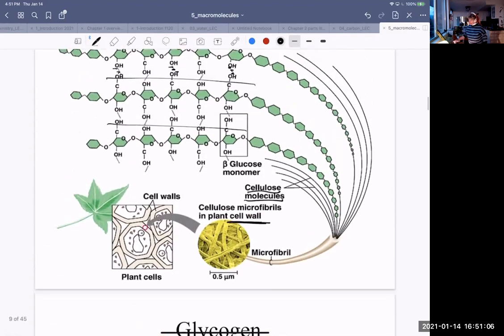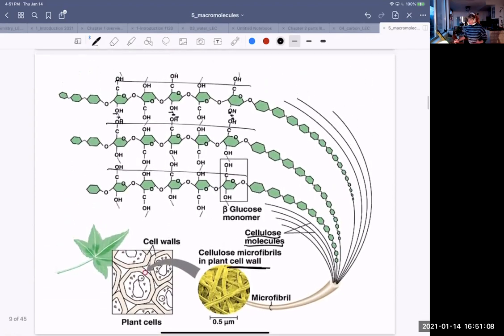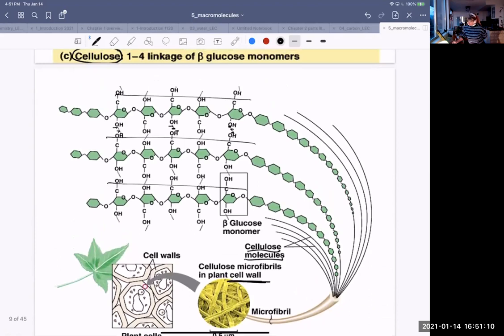Oh, one thing I did want to say about cellulose. Cellulose is what is known as insoluble. So as it passes through the intestine, it abrades the intestinal walls, causing mucus to occur, and it helps food to pass through the digestive tract.